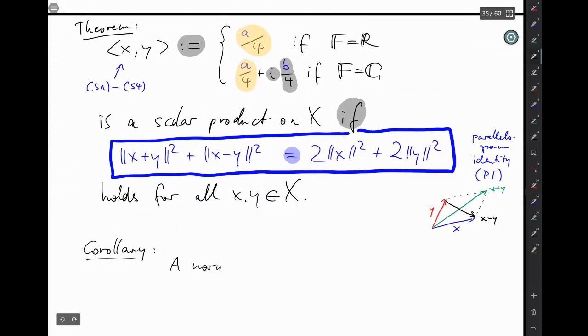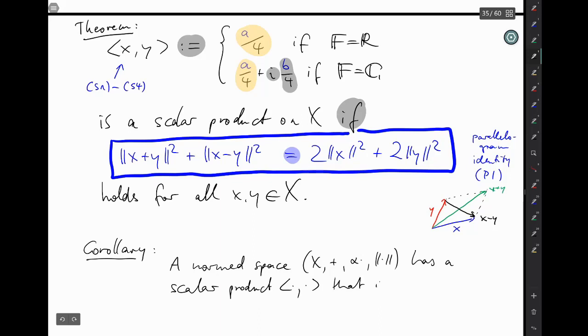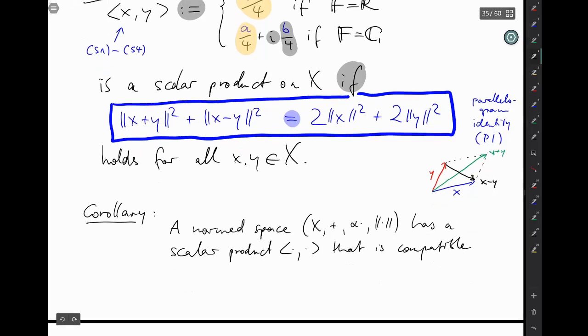A normed space X over the field K, and of course a norm, has a scalar product that is compatible with the norm via star, if and only if the norm is subject to the parallelogram identity.